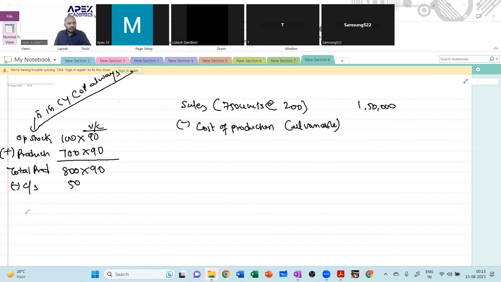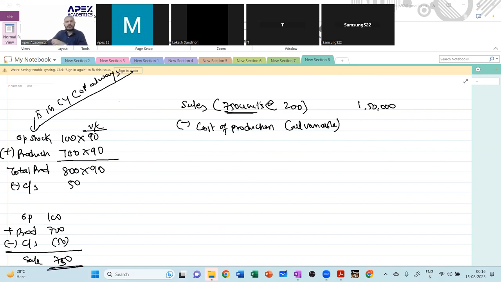Why is my closing stock 50? Opening stock plus production minus closing stock is equal to sale. And my sale is 750 units. Now this into 90 will be subtracted. So can I say that the cost is nothing but 750 into 90?